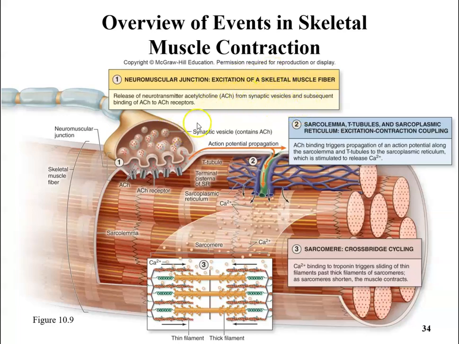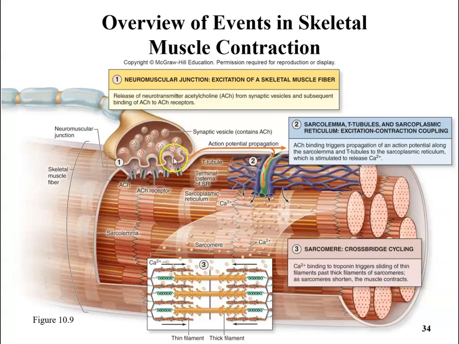That influx of calcium triggers the release of synaptic vesicles containing acetylcholine. The acetylcholine then crosses the synaptic cleft and binds to acetylcholine receptors, which is then going to open and allow sodium into the cell and potassium out of the cell. And there's going to be a change in membrane potential here. That's step 1.